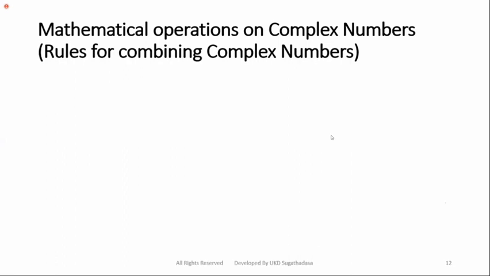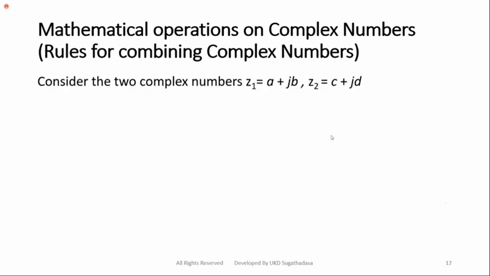Now we discuss the mathematical operations on complex numbers. I think you are already familiar with mathematical operations on other numbers, like real numbers and rational numbers, from first semester algebra. Now we come to the topic of mathematical operations or rules on complex numbers.